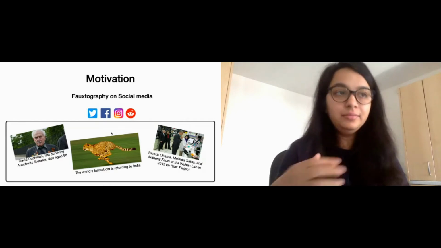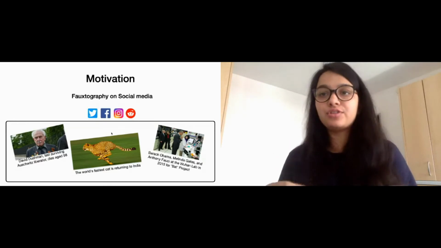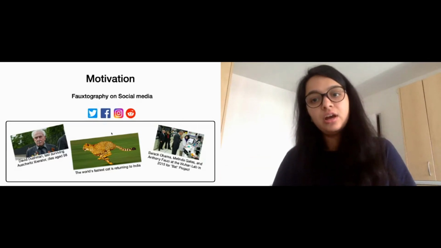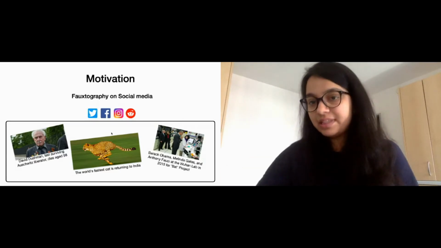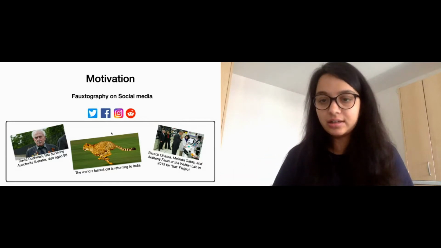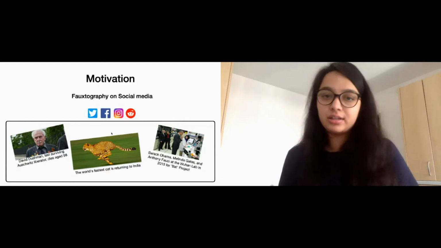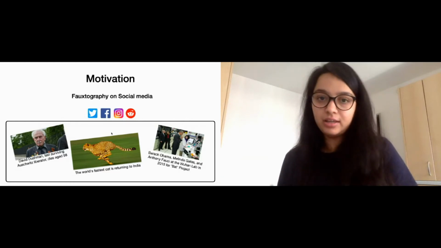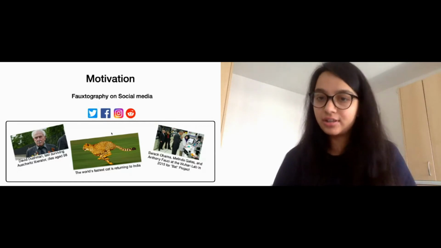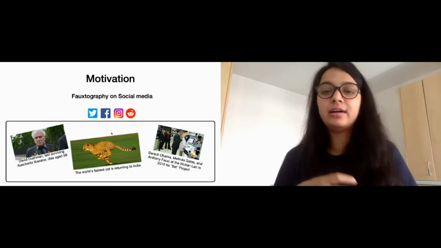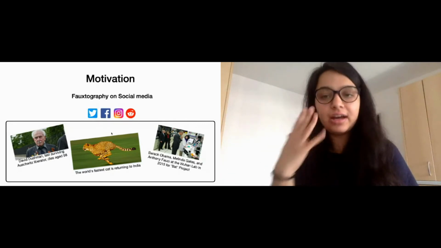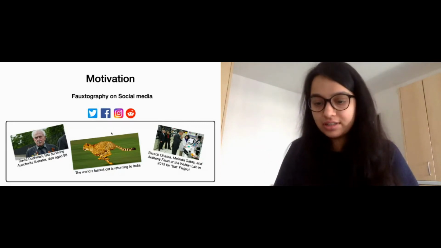And currently, to identify which article is true or which is false, what big companies are doing is giving this as a task to a third party, which is fact checking organizations. These fact check organizations regulate and look at each of these articles and identify whether they are true or false.